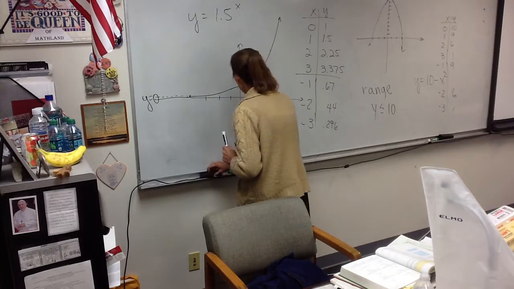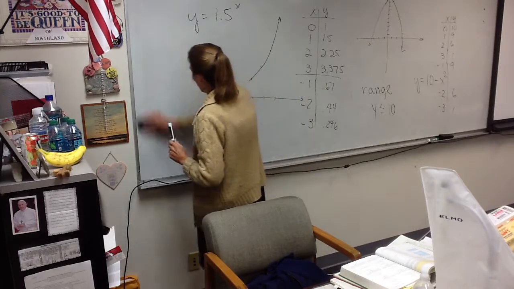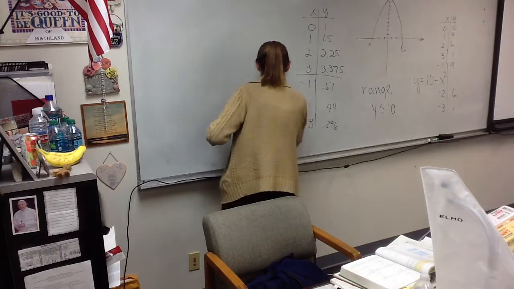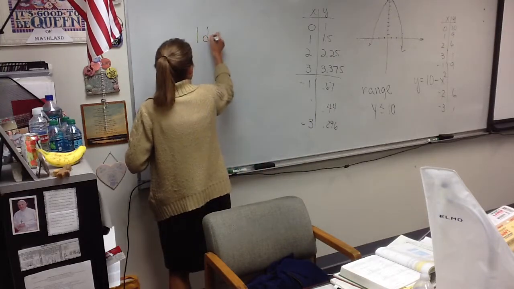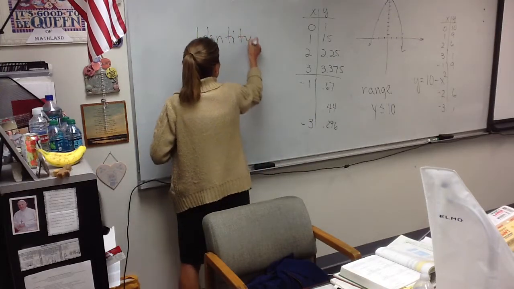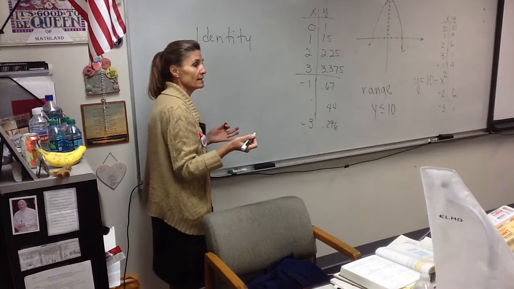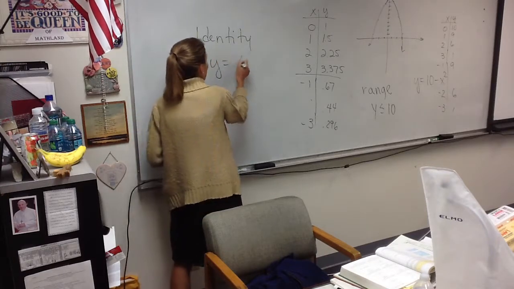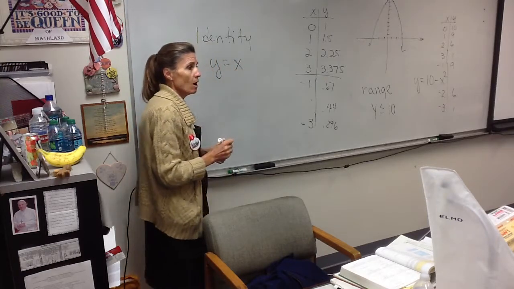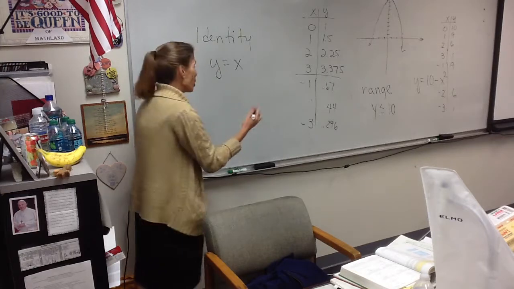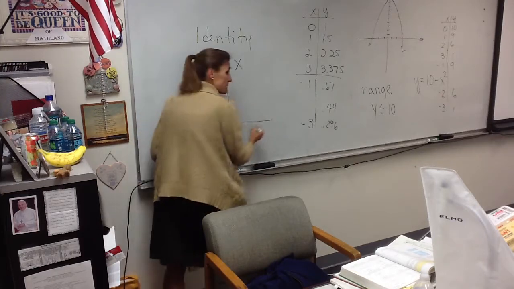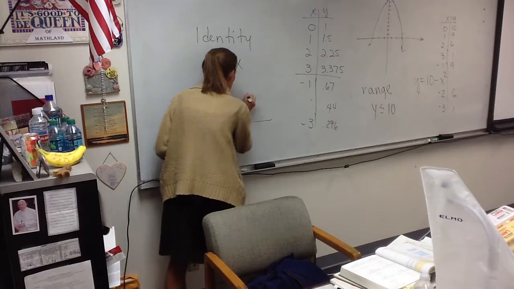I want you to write identity function, and you don't even need the word function, you can just write identity, and then under it, the equation of it.